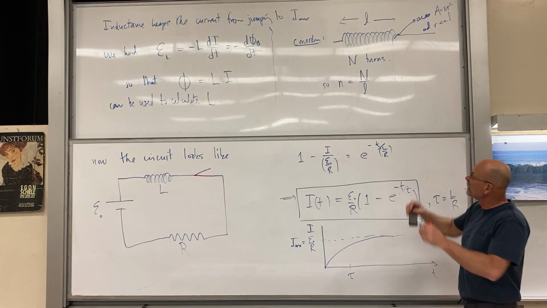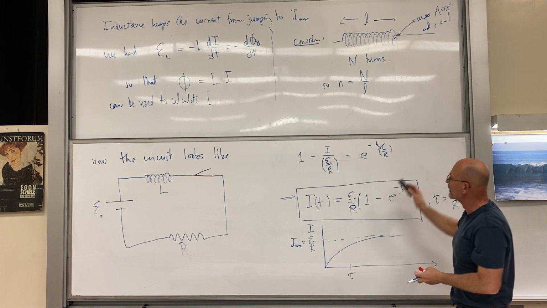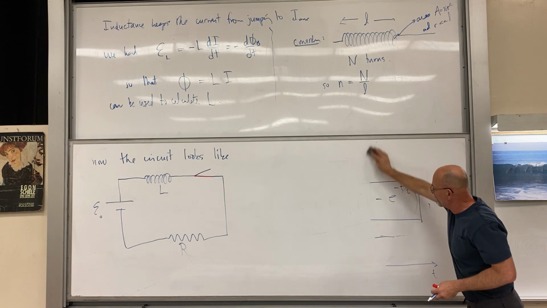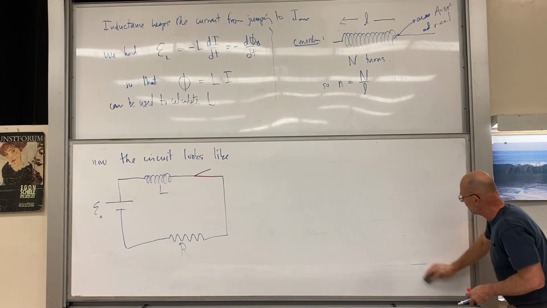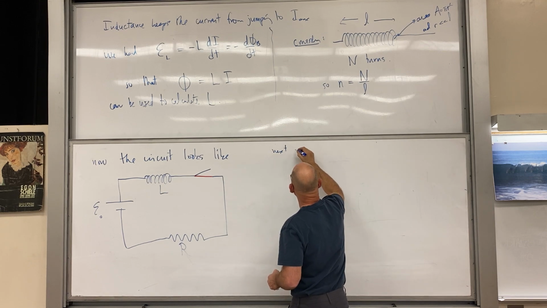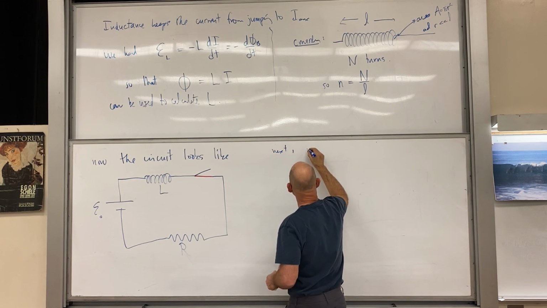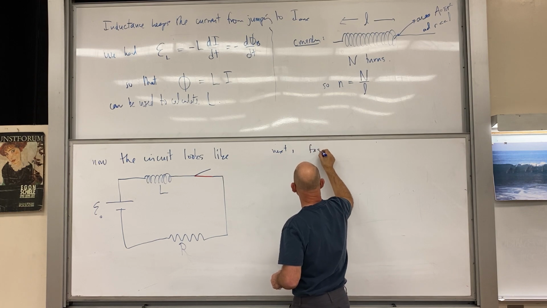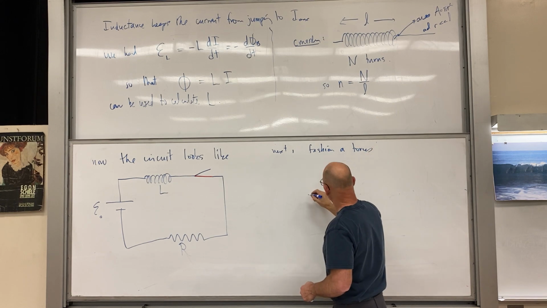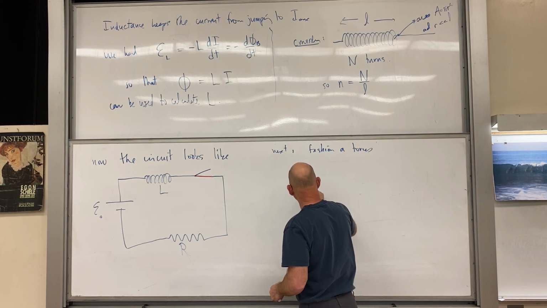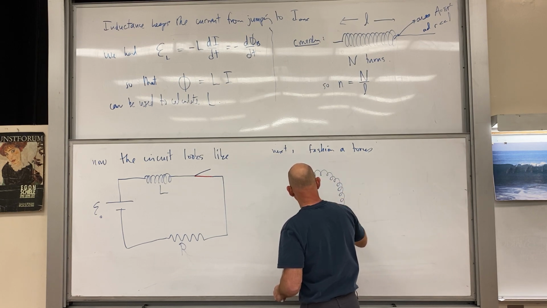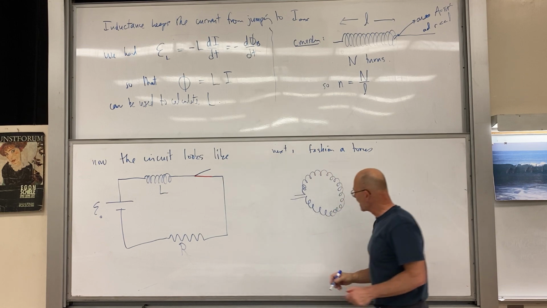What we do next is we just turn that thing into a torus. So we'll say next, fashion a torus out of this thing, and so the torus is like that.